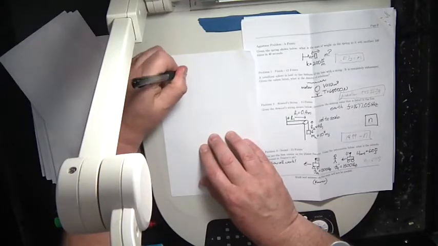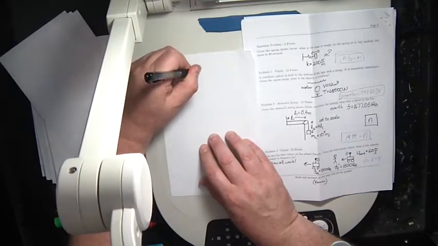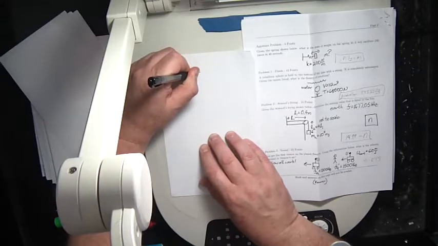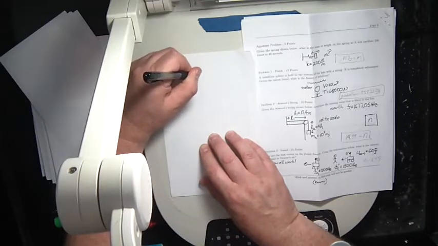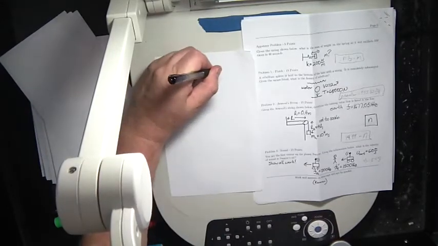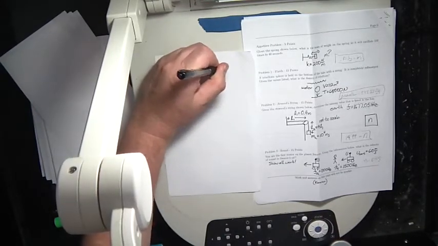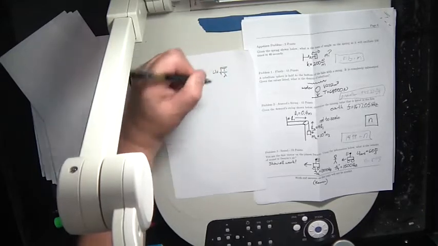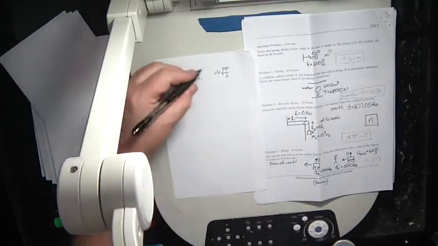The frequency is Nv over 2L1. Now the velocity is the square root of tension over lambda, the mass per length density.